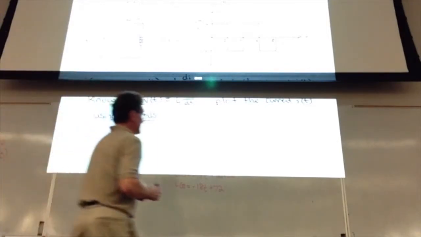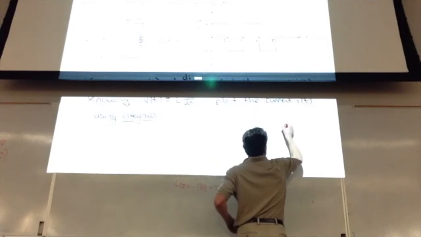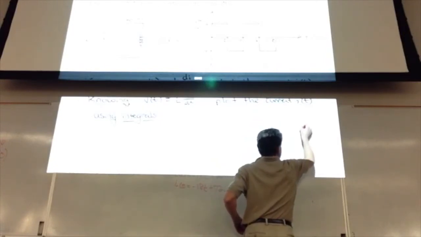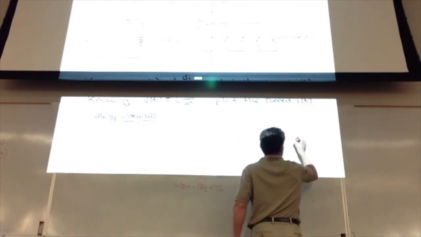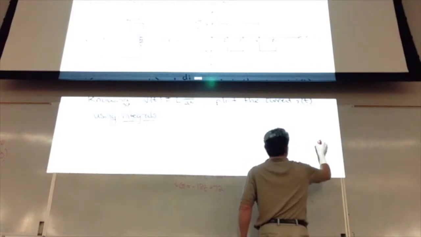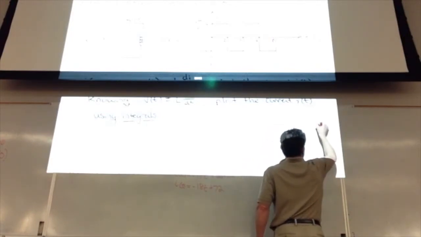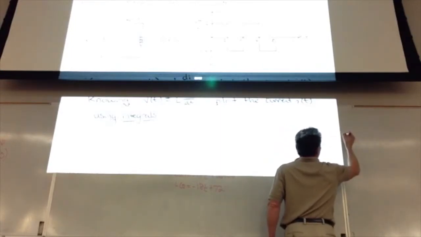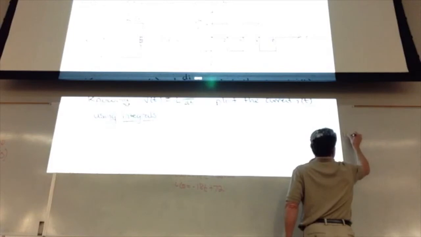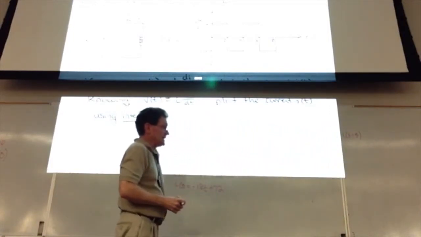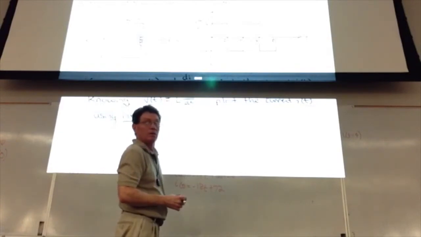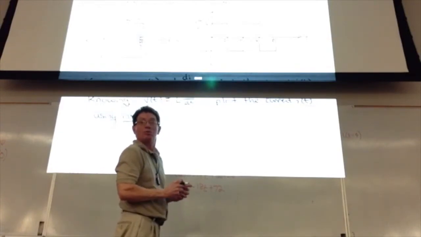Now, we go to the next time interval. 4 is less than or equal to t, which is less than 6. I is equal to 1 over L times the integral from 4 to t of plus 9 dt, plus we need I at t equals 4. Let's see, 18 times 4 is going to give me 72.